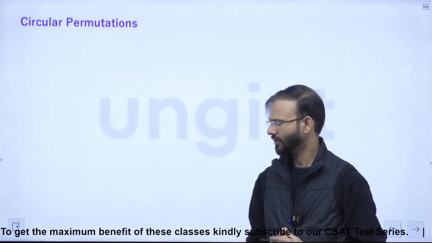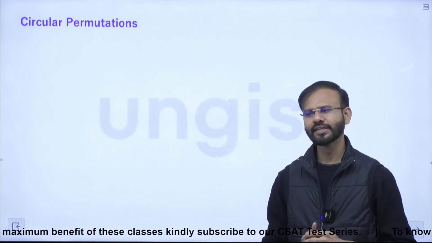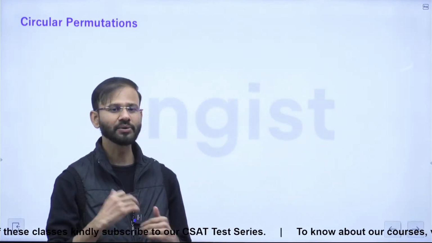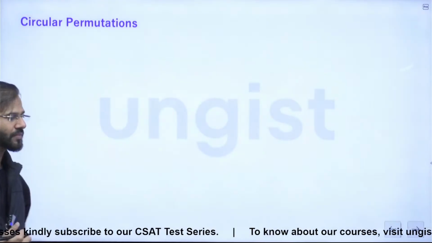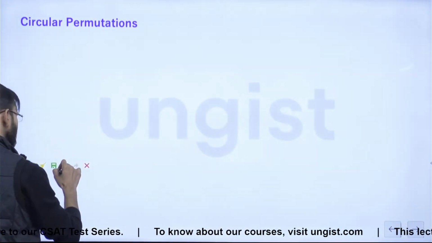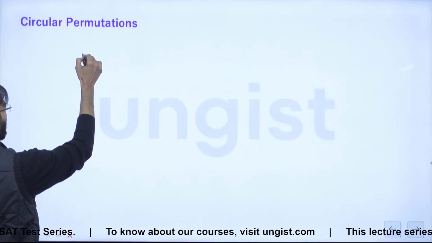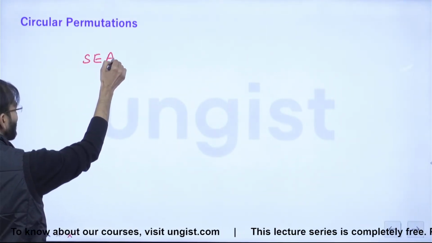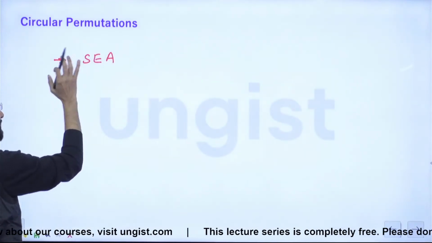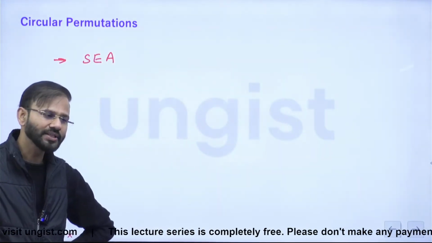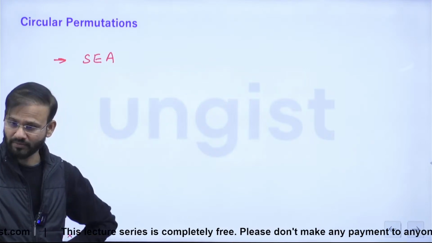See, everyone, yesterday we studied linear arrangement. Today we'll be studying circular arrangements. Just think about it: if we have SEA, we solved with this example, so we'll take this example today as well. The question is, how many total words can be formed?